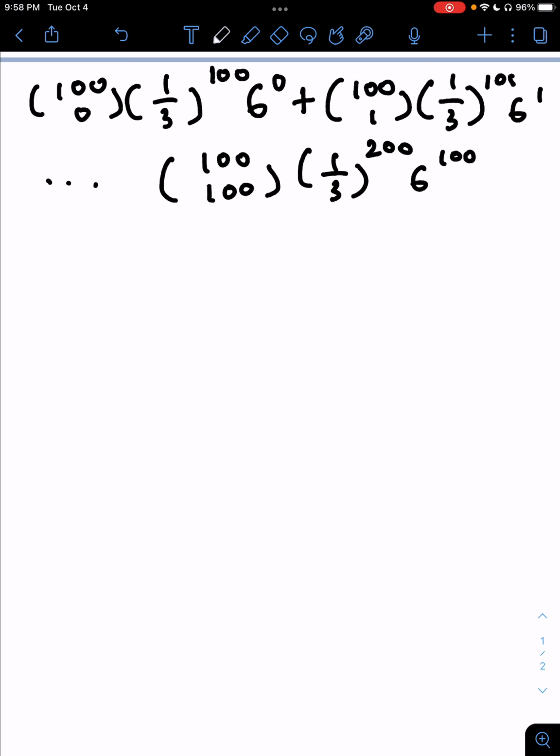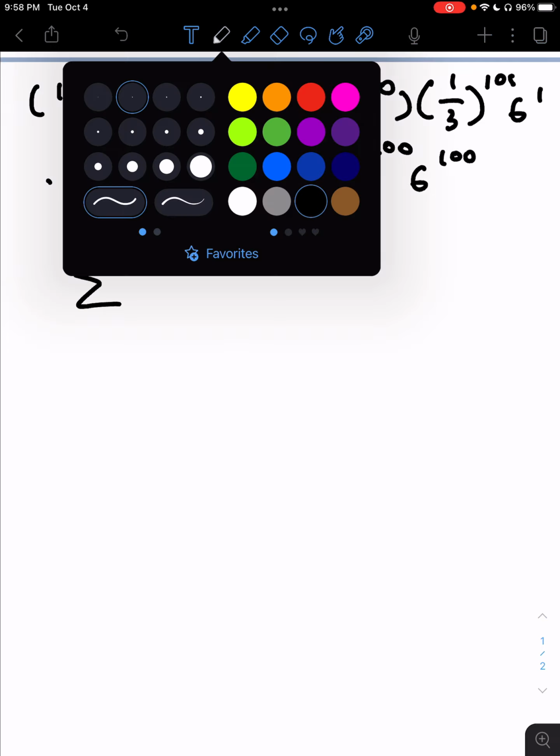So there's the binomial theorem thing, but I didn't use that. I just looked at it, right? And then it's a summation.